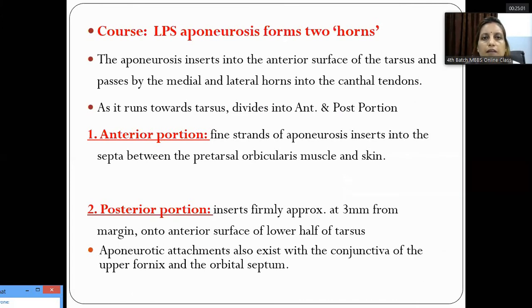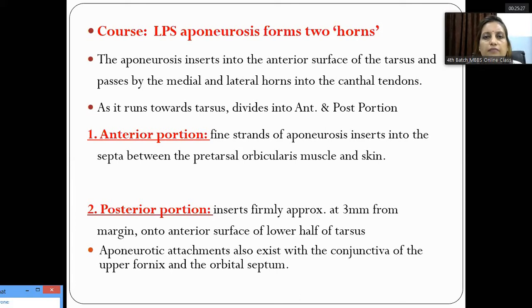The course of the LPS aponeurosis forms two horns. The aponeurosis inserts into the anterior surface of the tarsus and passes by the medial and lateral horn into the canthal tendon. If it is difficult for you to remember the horns, you can remember the canthus, medial canthus and lateral canthus. So medial horn and lateral horn.